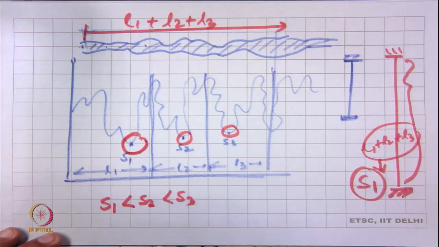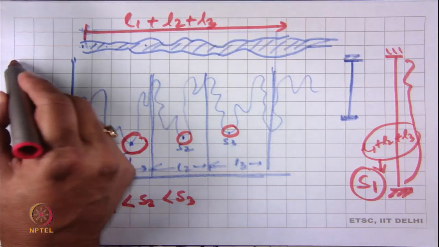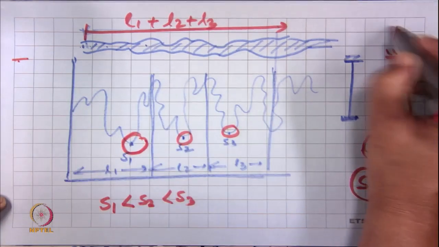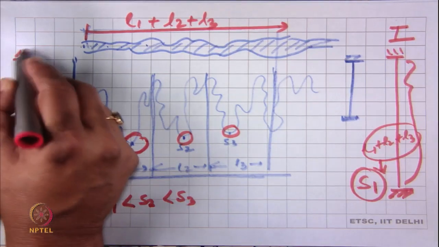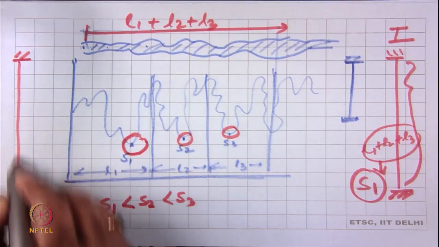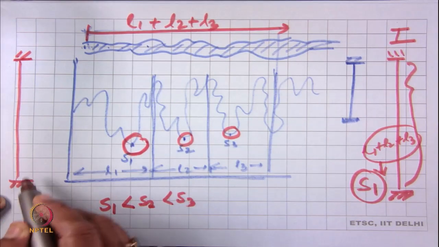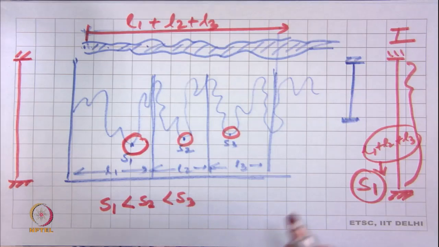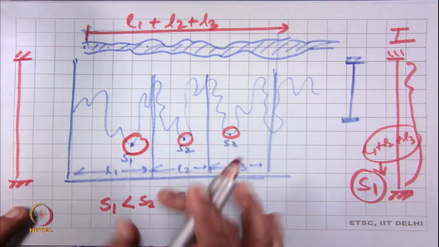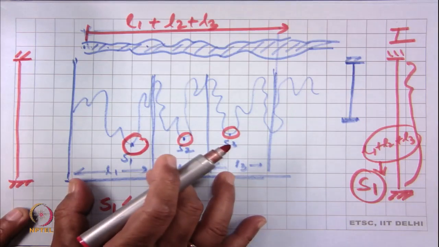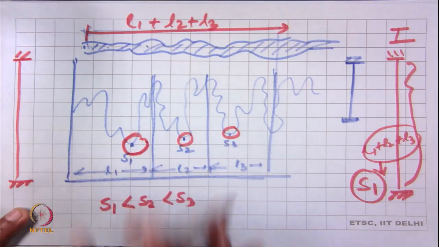Now, if we perform another test, test 1, we are now trying to reduce the specimen size.